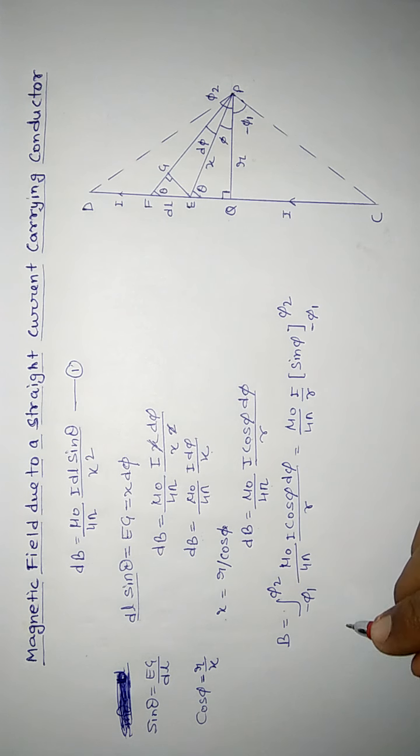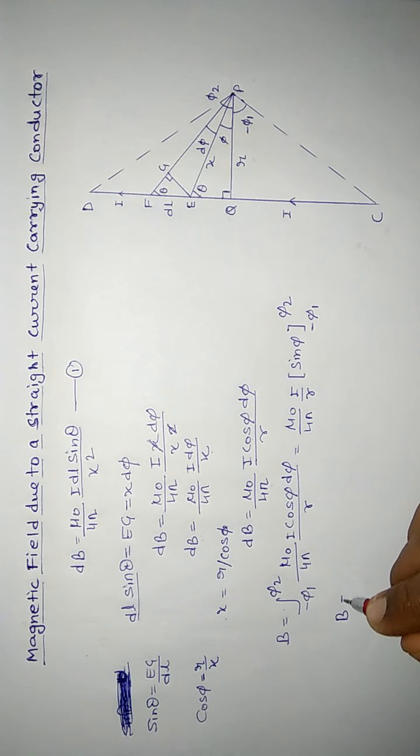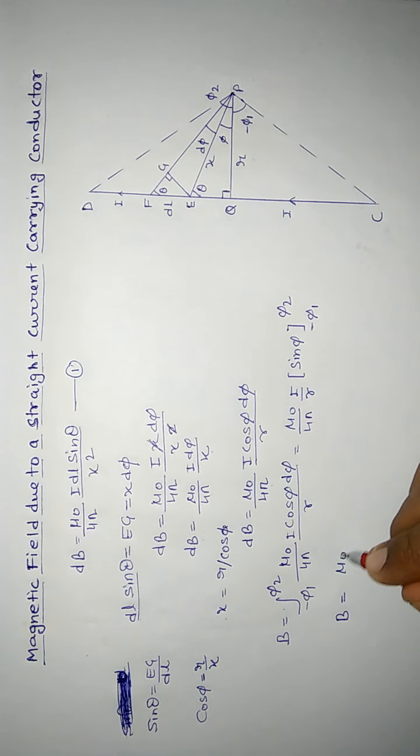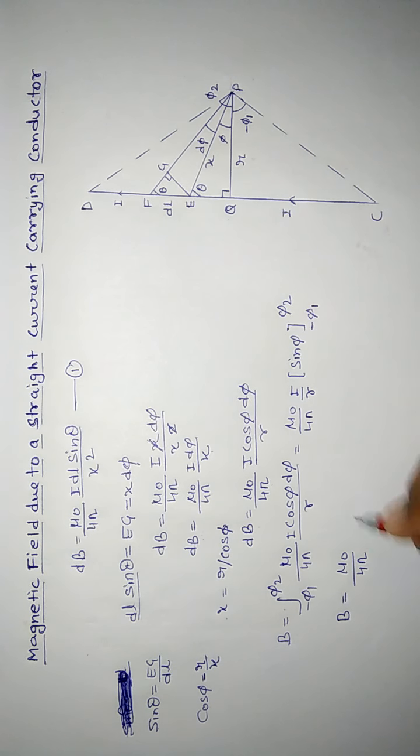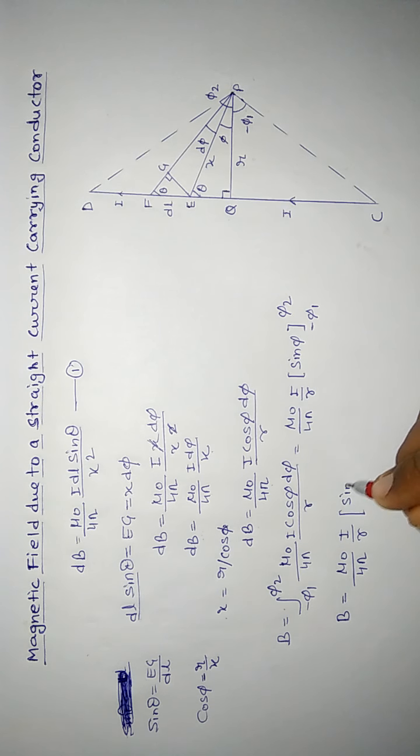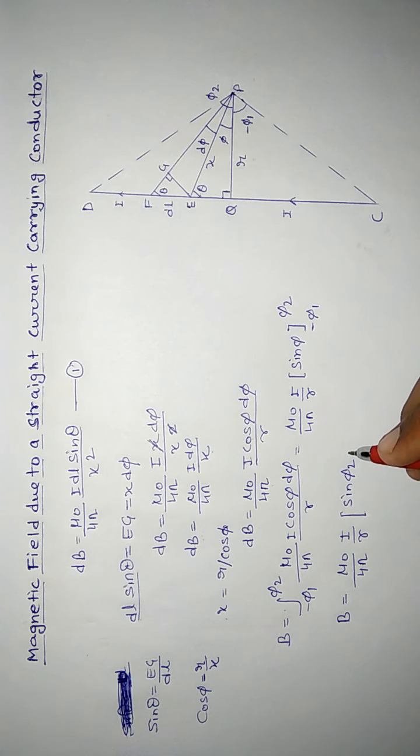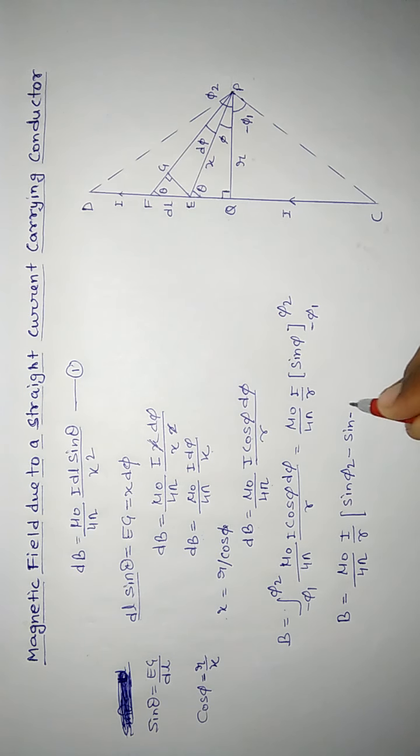On further solving, we will get B is equal to mu naught upon 4 pi I by r, sin phi 2 minus sin of minus phi 1.